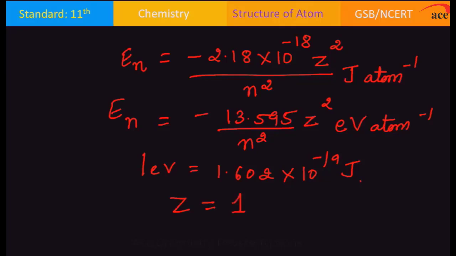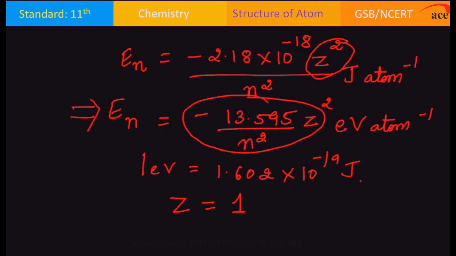So you will find that the formula given in our notes will not have Z square because they are talking about the hydrogen atom. Are you all registering this? I repeat, the majority of the time they use this particular value.